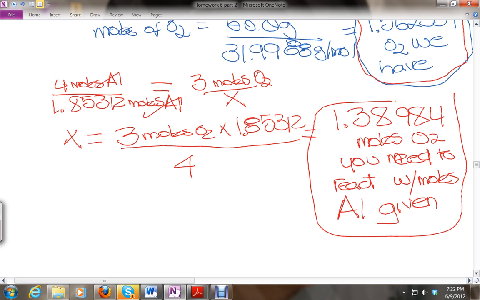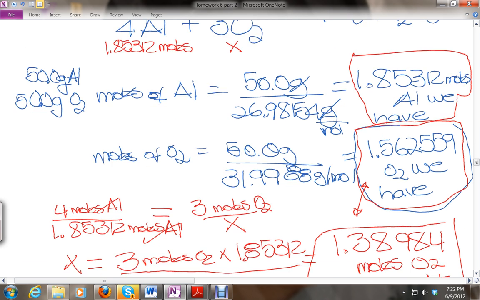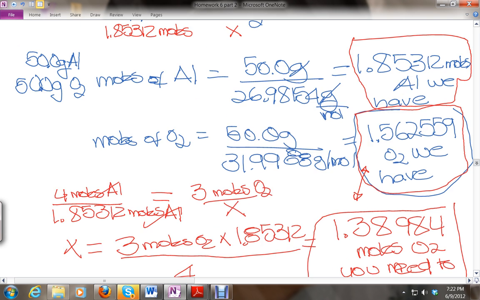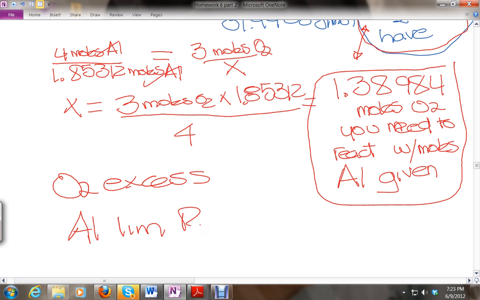So let's look at what we need and compare it to what we have. Okay? Which one is higher? What we have. So that means that we have more than what we need. That means that the oxygen is in excess. Oxygen would be in excess, and the limiting reagent would be aluminum.